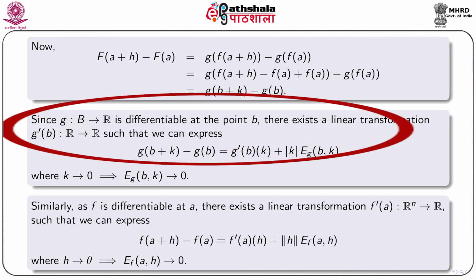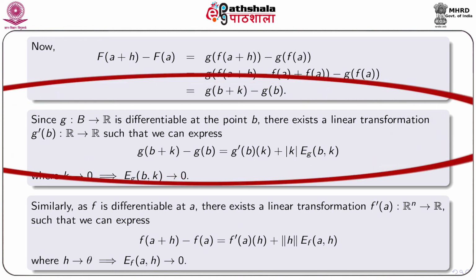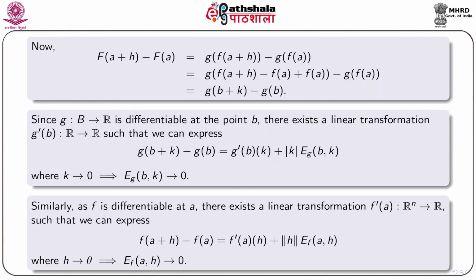Since the function g from B to R is differentiable at the point b, we can find a linear transformation g'(b) from R to R such that we can express g(b+k) minus g(b) equal to g'(b) operating on k plus the modulus of k times E_g,b(k), where k tends to 0 implies E_g,b(k) tends to 0. As k is a real number, norm k is nothing but the modulus of k.